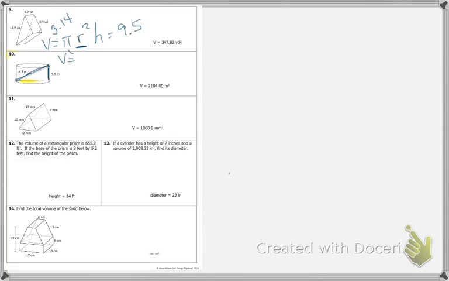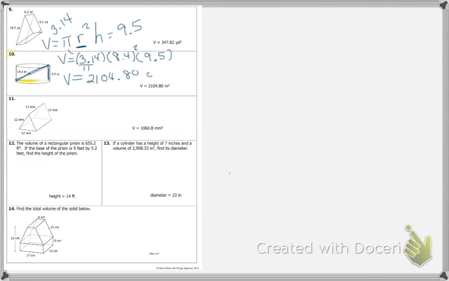So we just fill in the volume equals, and I'm going to put in 3.14 for pi, times the radius squared, which is 8.4 squared, times the height, 9.5. Your answer, if done correctly, should result in 2104.80.